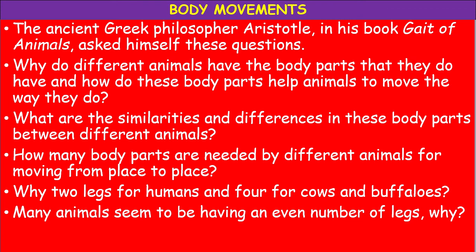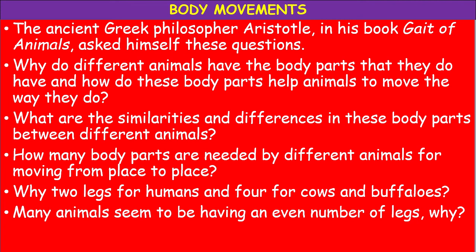So Aristotle, the Greek philosopher, wrote a book, Gait of Animals. In that book, these questions appeared. Why 2 legs for humans and 4 for cows and buffaloes? See, compare the buffaloes and cows with human beings. Human beings are bipedal to balance the body, but these animals have a huge body, so in order to balance there are 4 legs.